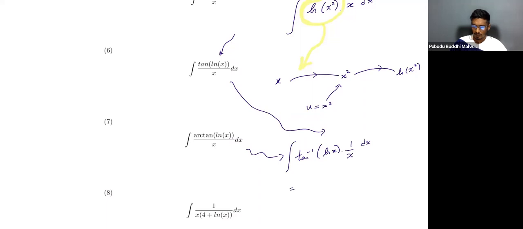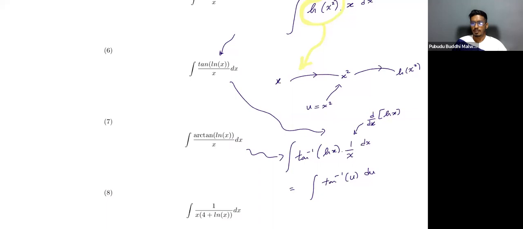The same form here, this is the derivative of natural log of x. So we can use that substitution, but after applying the substitution, you will get something like arctan u du.